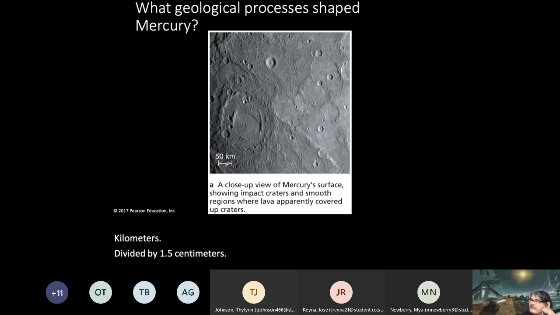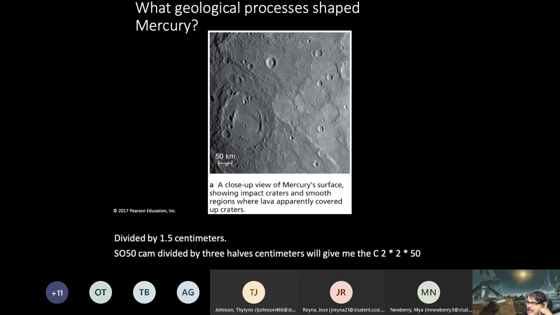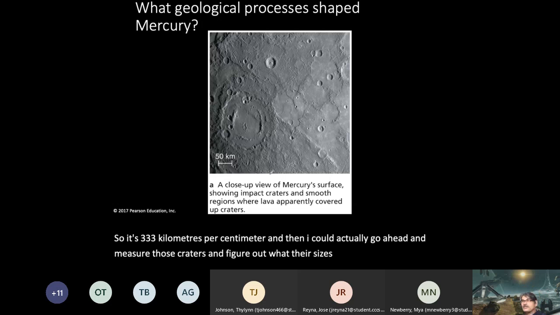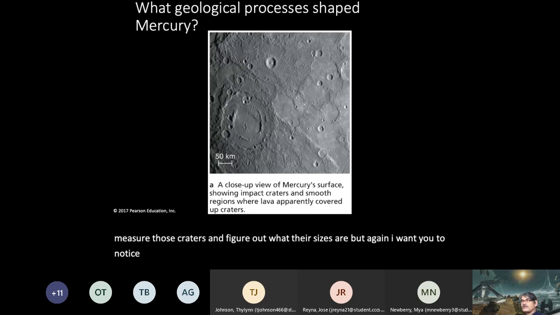So 50 km divided by 3/2 centimeters gives me 2 times 50, 100, divided by 3. So it's 33.3 kilometers per centimeter. And then I could go ahead and measure those craters and figure out what their sizes are. But again, I want you to notice the craters within craters within craters.